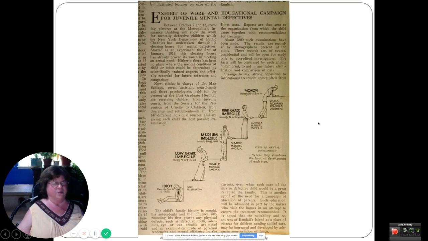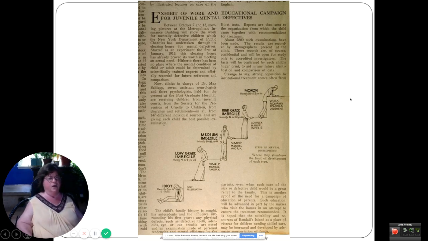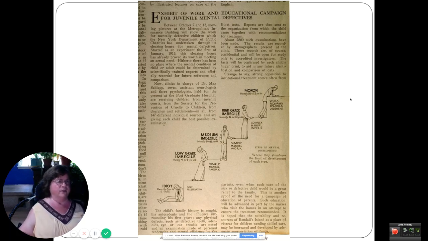This is another piece from a newspaper that was published in the early 1900s. This particular one was an article about the campaign for juvenile mental defectives. What I thought was interesting is it lists, and these are not insulting terms, terms used by neurologists and psychologists.